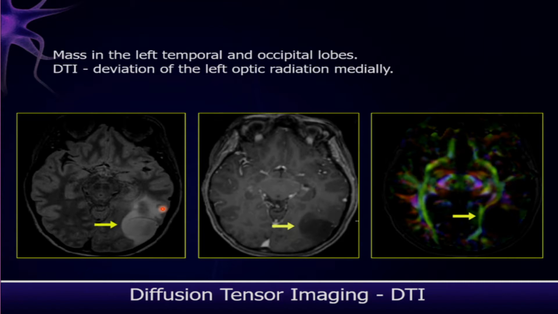The first was a FLAIR image, the second a contrast enhanced image, and the third a DTI image. It shows medial displacement of the optic radiation without interrupting the optic radiation fibers. That indicates the tumor is not infiltrating, it's just displacing. It's valuable information for the surgeon.